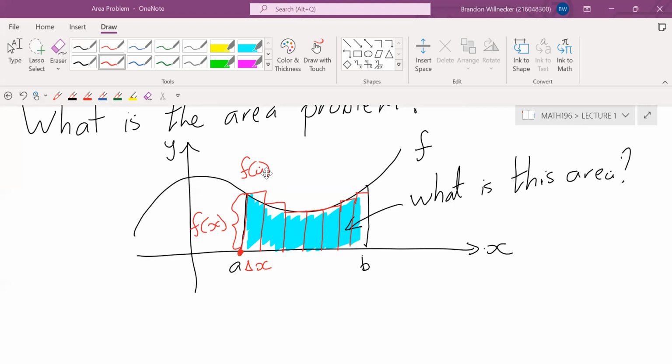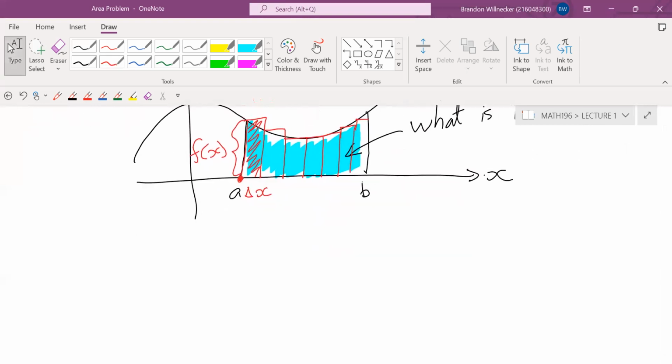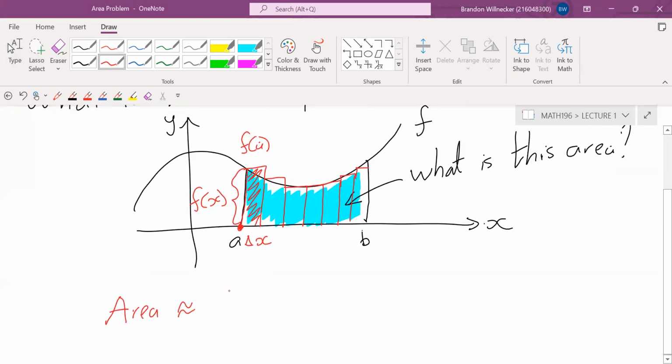So if we sum up these areas, we get an approximation to the exact area that we have in blue there. So we can write that the area is approximately equal to the sum of each rectangle's height.